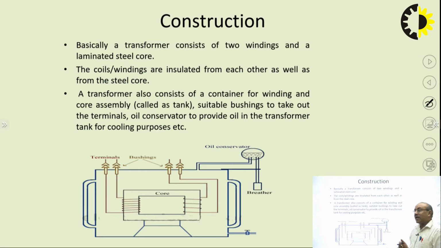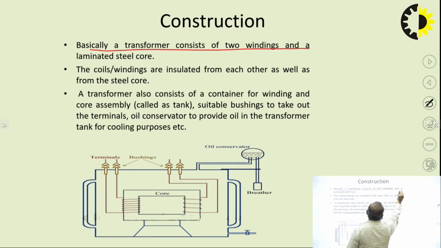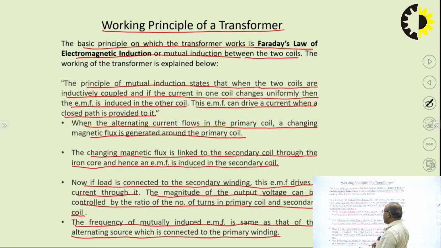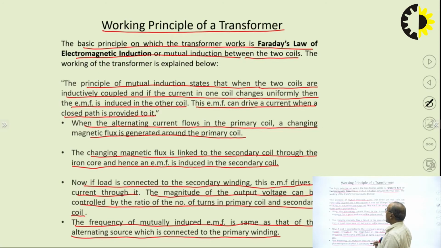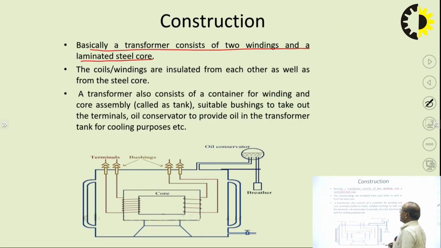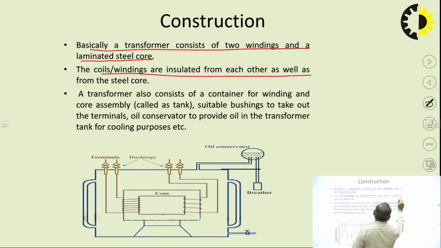Now, another thing: construction, that is, how the transformer is constructed. Basically, a transformer consists of two windings on two sides, also known as two coils, and a laminated steel core, which we have already seen. These coils or windings are insulated from each other as well as from the steel core.